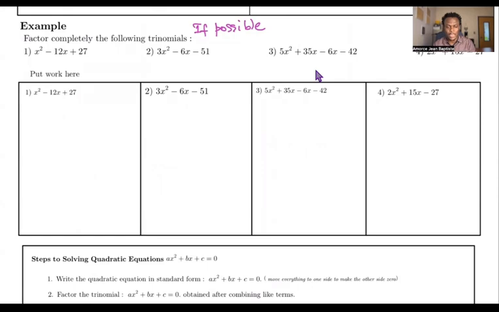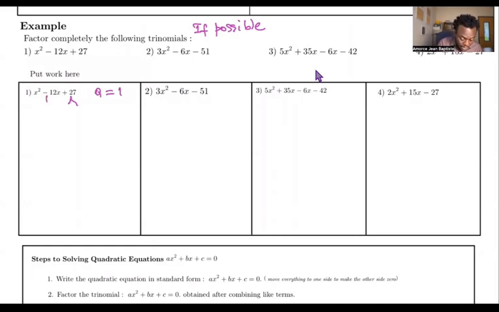So this one, A is equal to 1. So we can find two numbers that multiply to give you 27, and when you add them, you get -12. You can play with the numbers as long as you want until you get the right numbers.